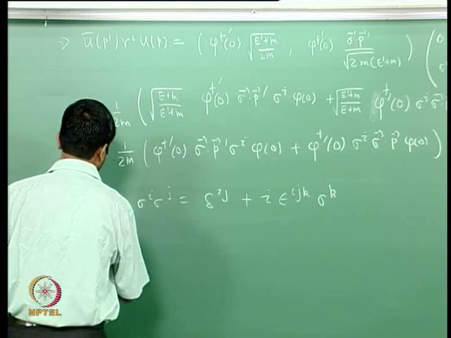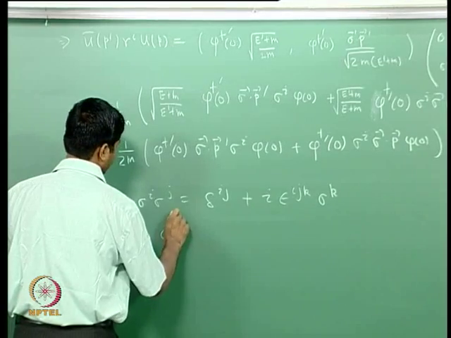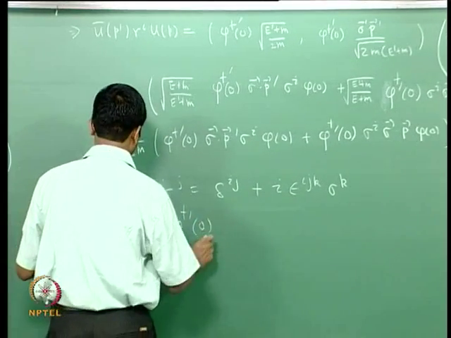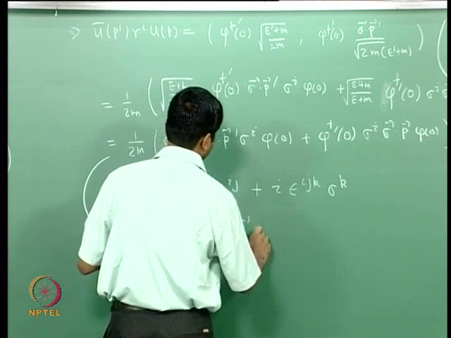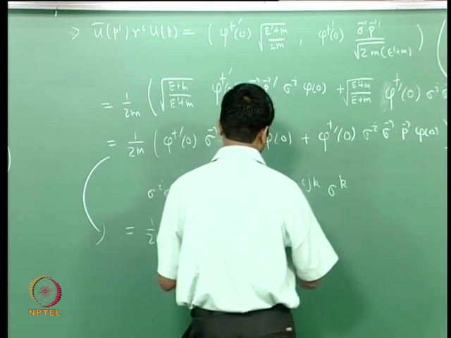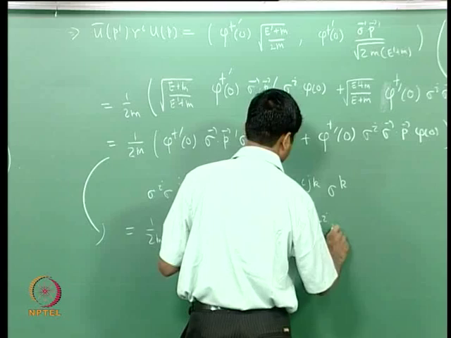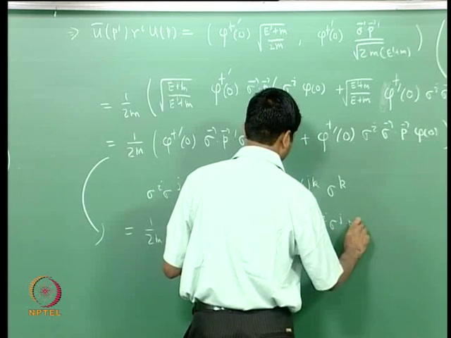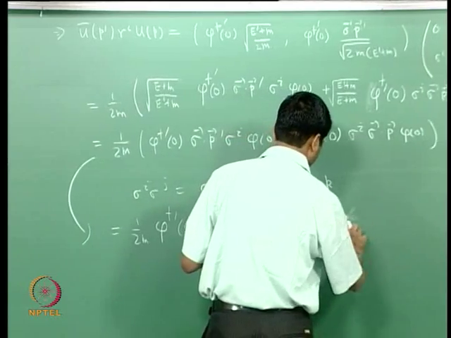what you get is this quantity is simply 1 over 2m phi dagger prime of 0. Here it will be sigma j sigma i p j prime plus sigma i sigma j p i prime p i p j.